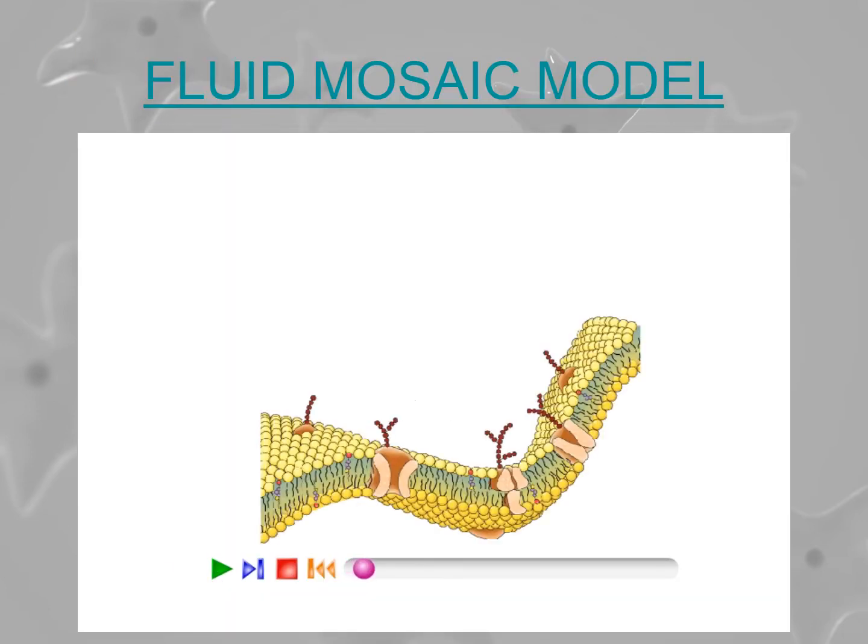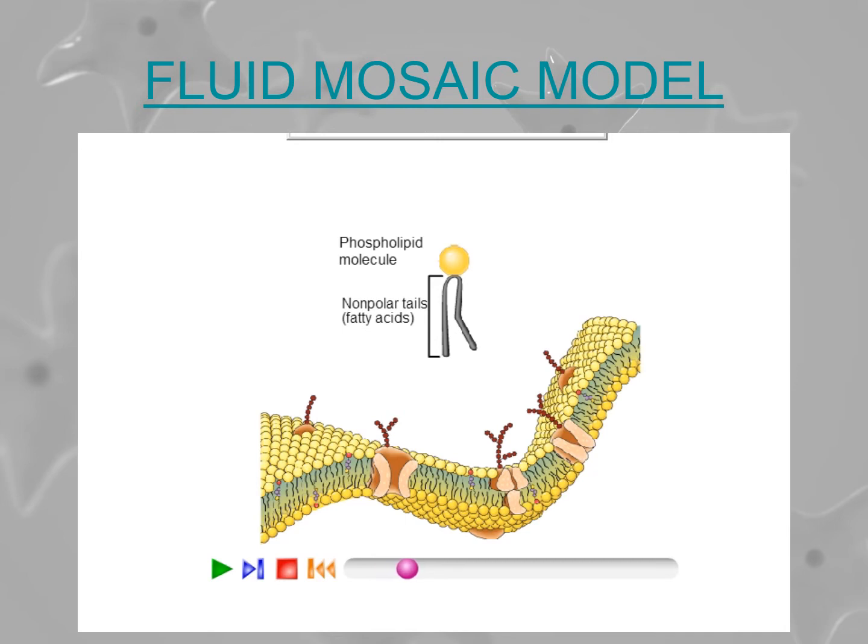The plasma membrane is composed of a bilayer formed by two chains of phospholipid molecules. The fatty acid tail of the phospholipid molecule is nonpolar, whereas the head of the phospholipid molecule containing the phosphate group is polar. The two phospholipid molecule chains layer like a sandwich, with the fatty acid tails forming the interior of the membrane and the phospholipid heads facing the watery environments found inside and outside the cell.